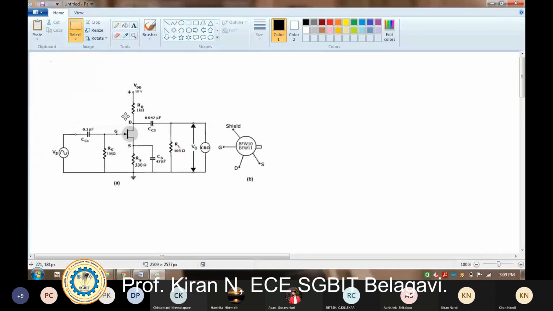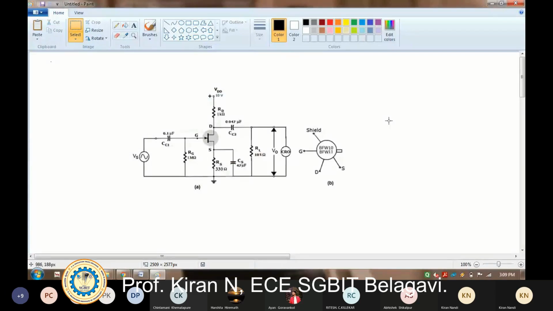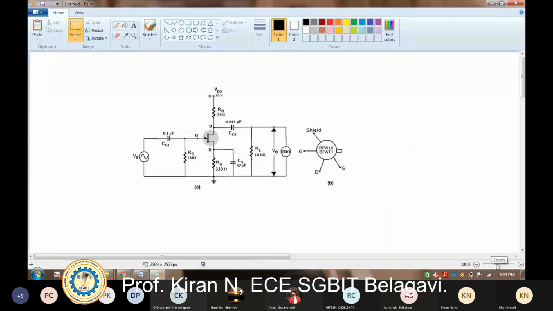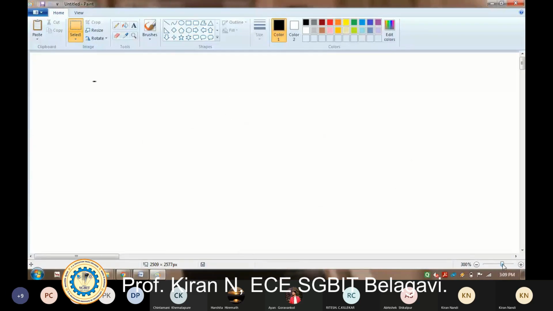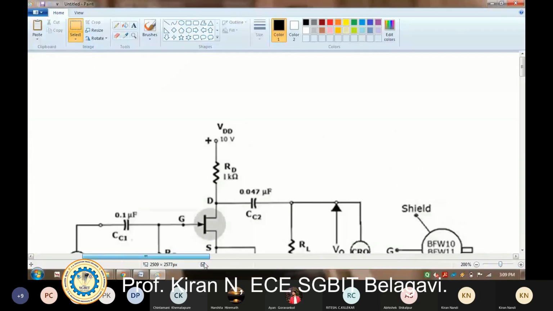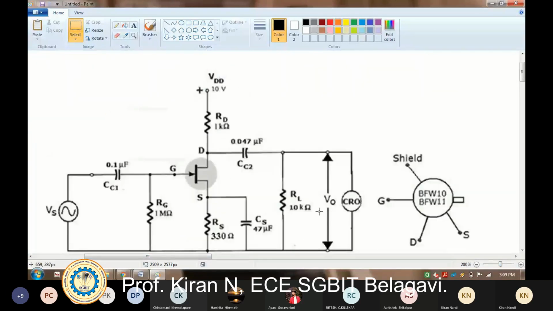You can see here I have just pasted that circuit diagram. Now we shall see how it is implemented and how the circuit works. Can you able to see the circuit? Yes, sir.